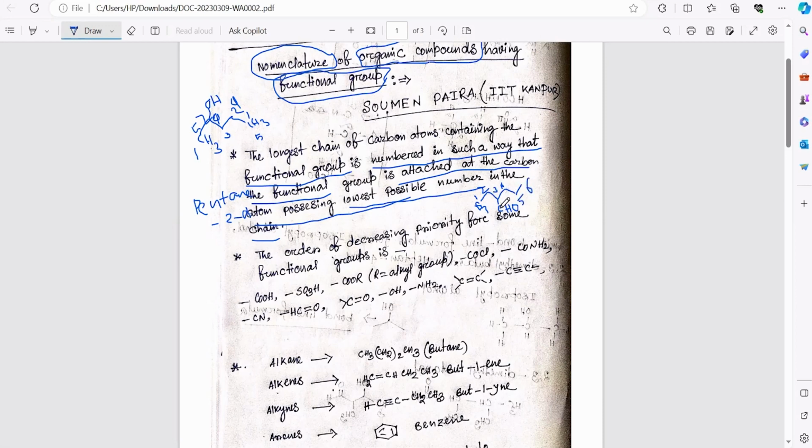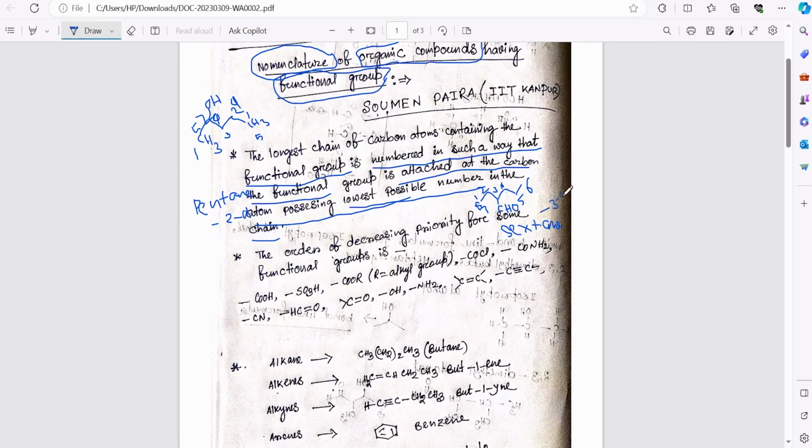So 6 carbon atoms are there, and in the 3 position, CHO is there. So in this system we can say 3-al.